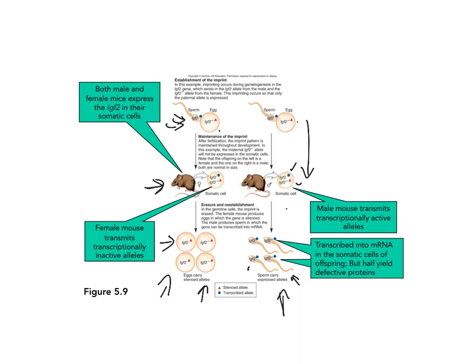However, all of these alleles can potentially be transcribed after they join up with an egg and produce an embryo. So half of the offspring would result in a dwarf phenotype, and the other half would result in a normal phenotype.